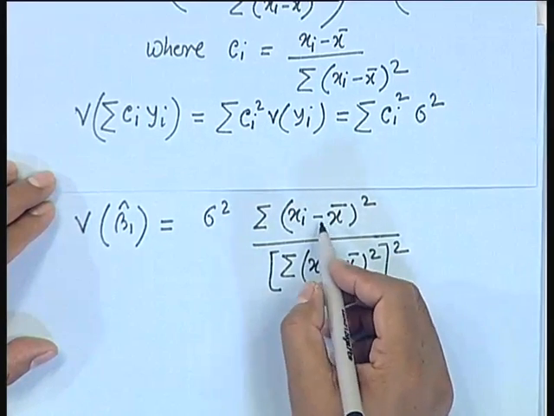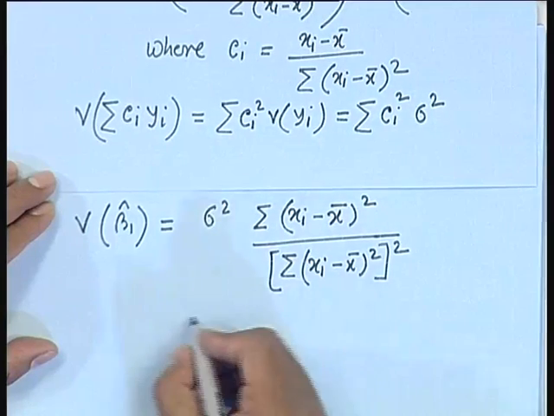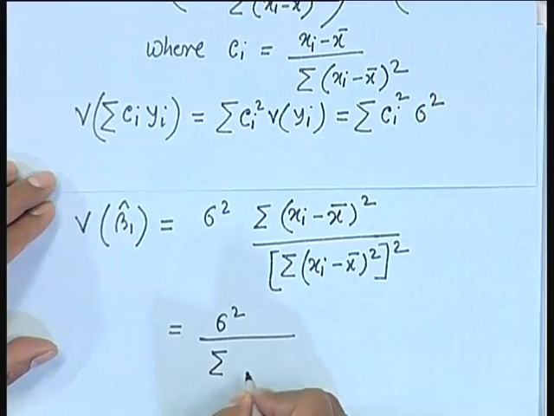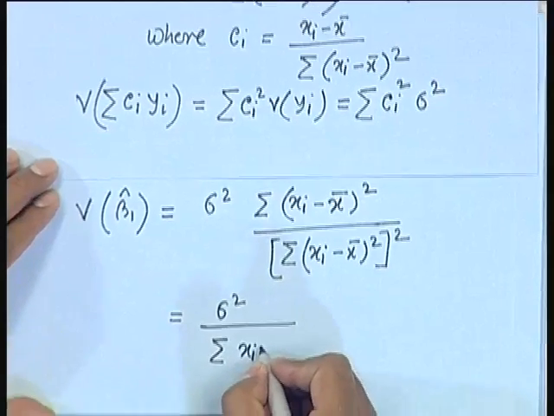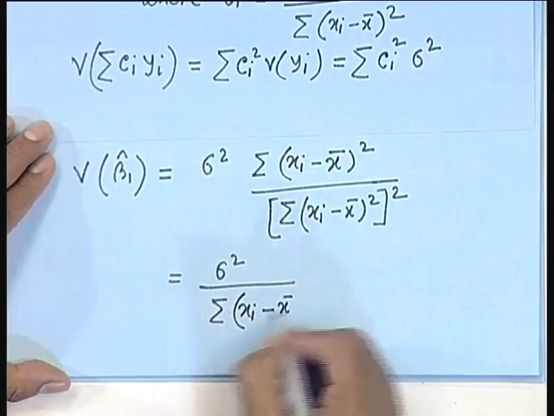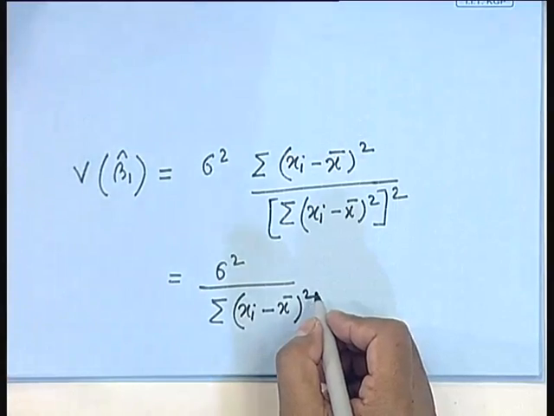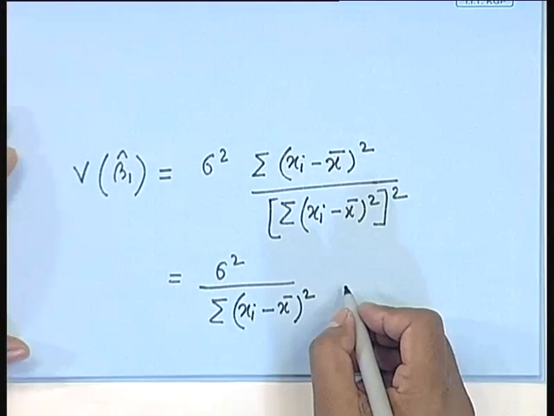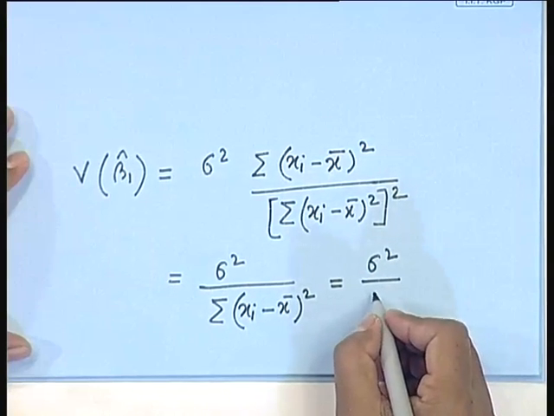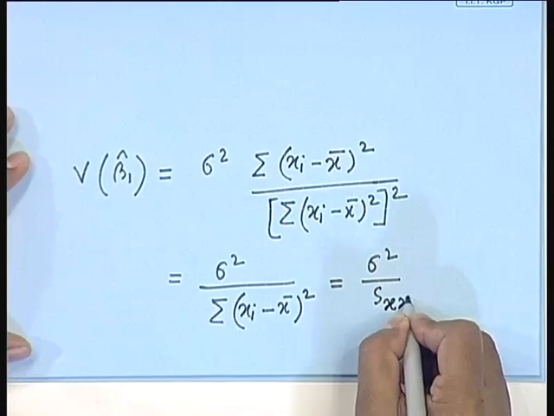So I am just replacing ci square by its value, and this becomes sigma square by summation xi minus x bar whole square, which is equal to sigma square by S x x by notation.